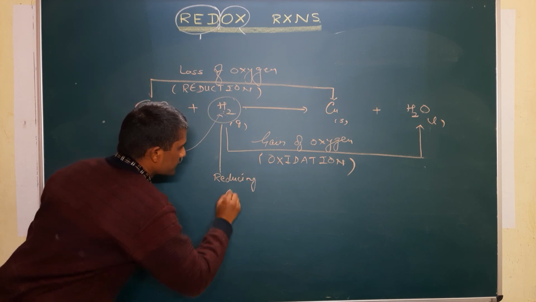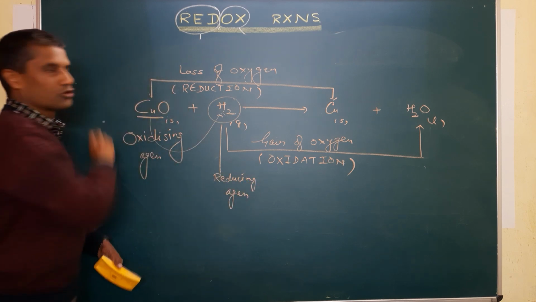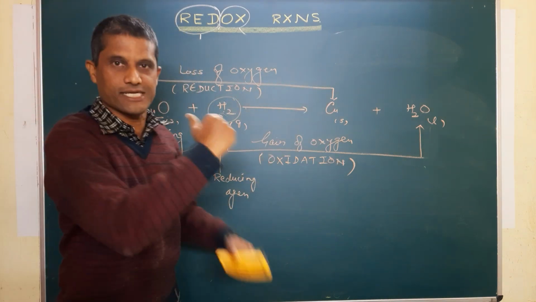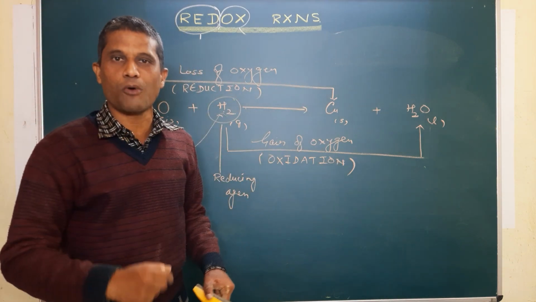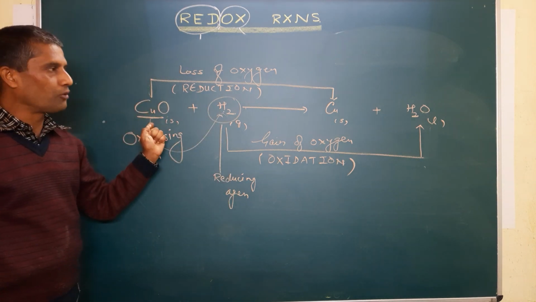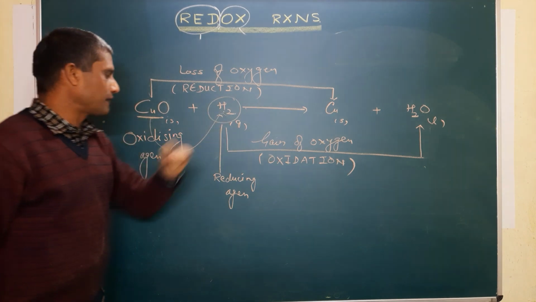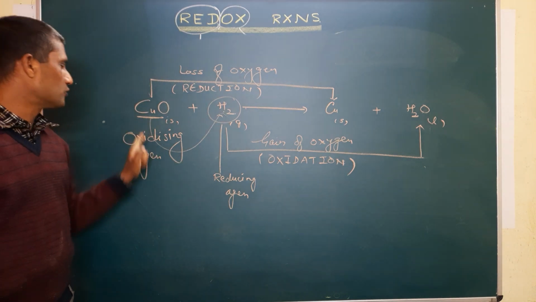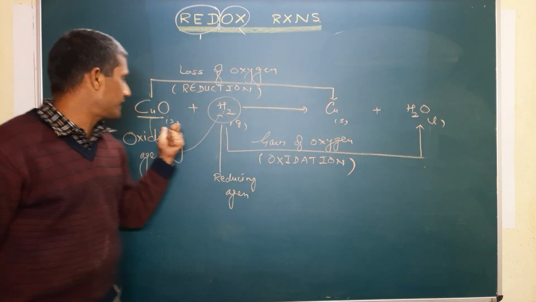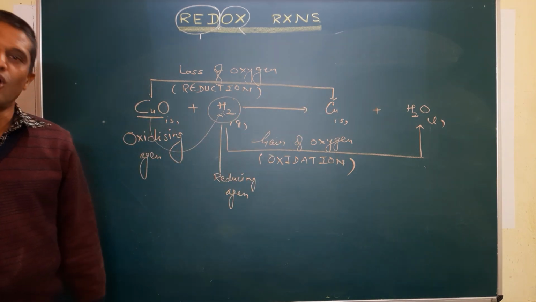So hydrogen is bringing about the reduction of cupric oxide into copper, and that's why hydrogen is called the reducing agent, and cupric oxide is bringing about the oxidation of hydrogen into water, and that's why cupric oxide is called the oxidizing agent.